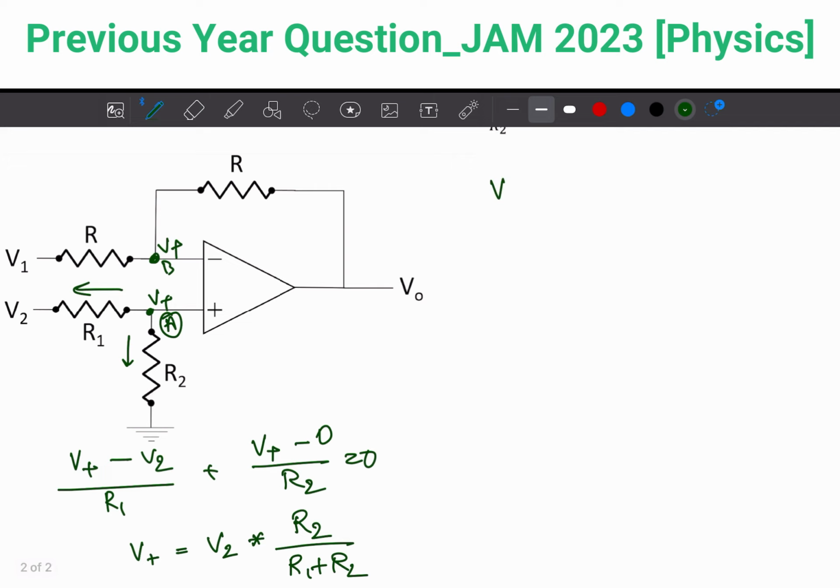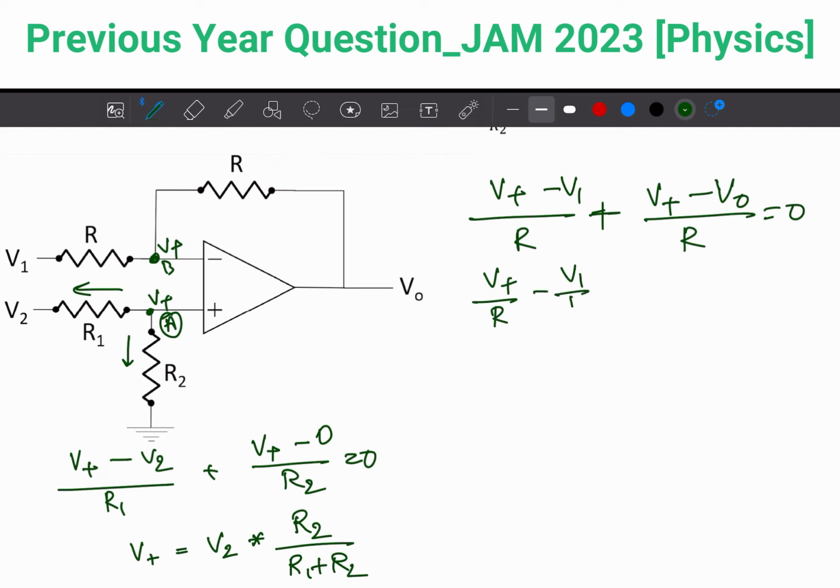We will get V plus minus V1 divided by R plus V plus minus V0 divided by R is equal to 0. From here, just solve the equation: V plus by R minus V1 by R plus V plus by R minus V0 by R. So R will be cancelled out.